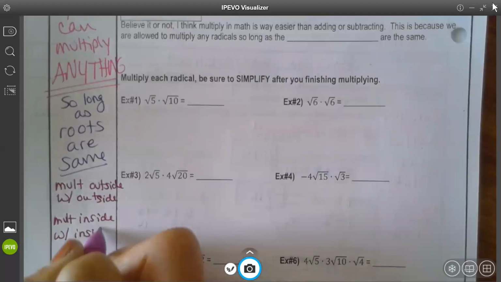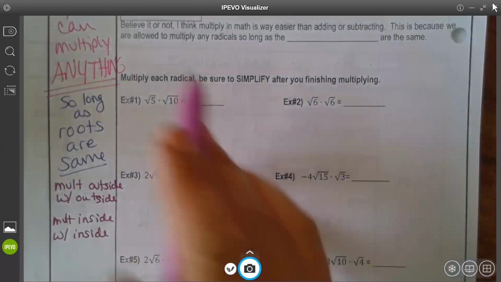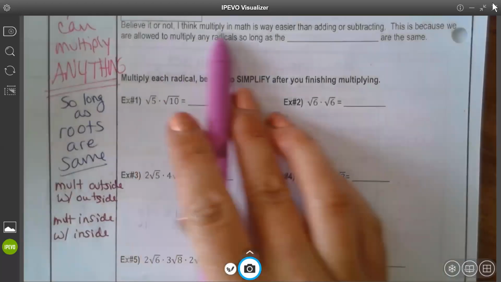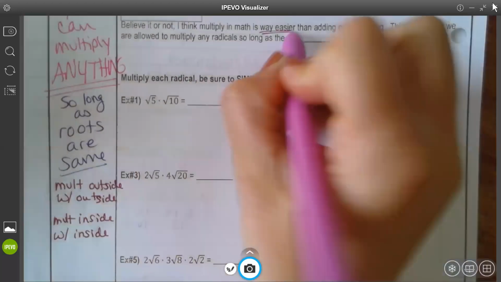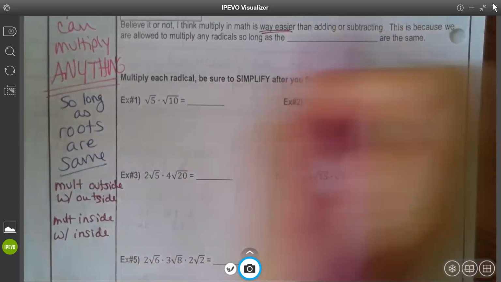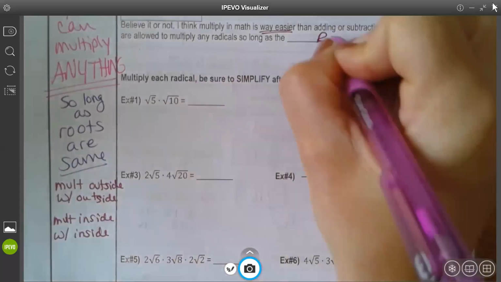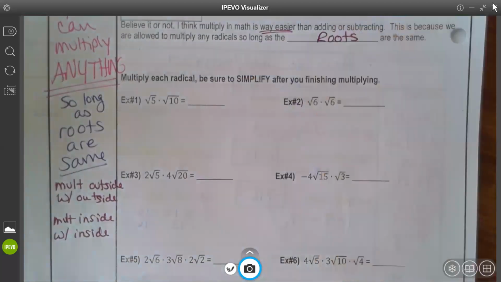So what is outside stays outside, what is inside stays inside. So believe it or not, I think that multiplying in math is way easier. Dude, I just said that. So much easier than adding or subtracting. It is because we're allowed to multiply any radical so long as the roots are the same.